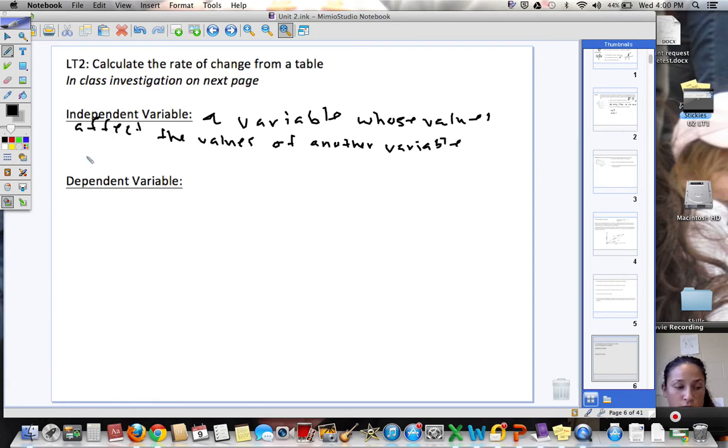I also want you to note that this variable can stand alone. It can survive on its own. It doesn't need the help of anything else. In a graph, I also want you to write that this is going to be our x value. So independent variables are x values. I'm going to highlight that. It's our x value and it can stand alone.